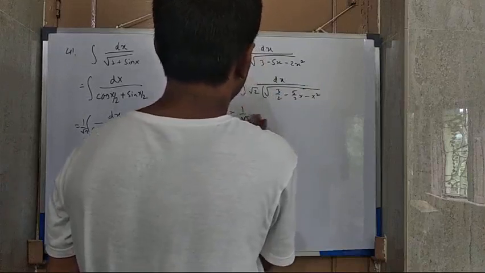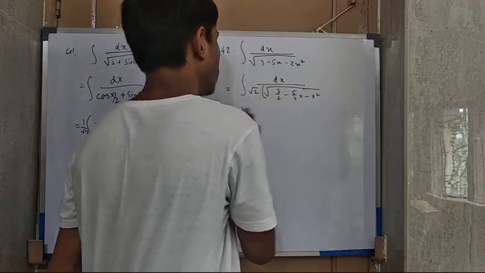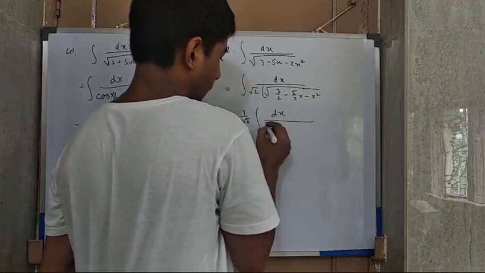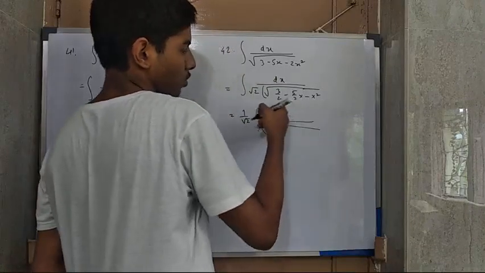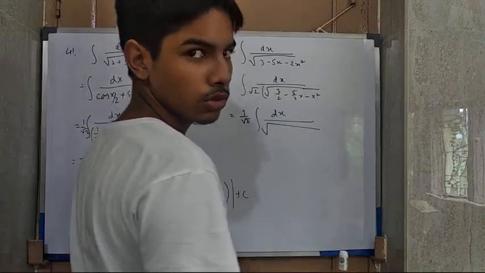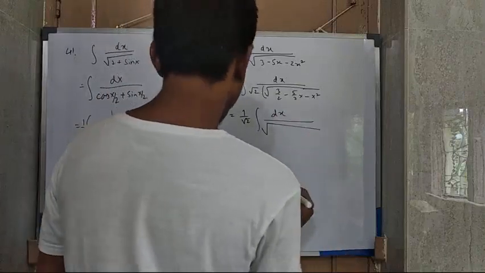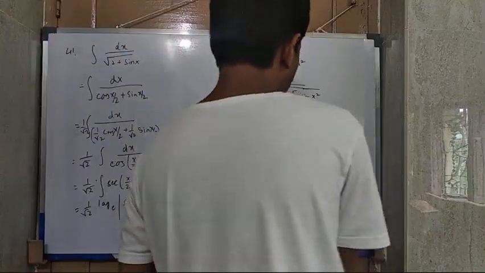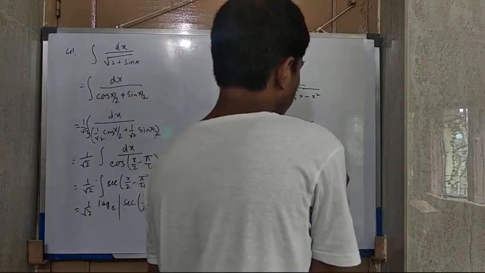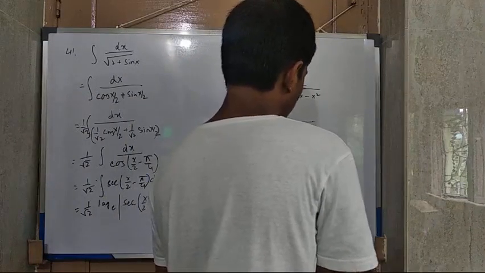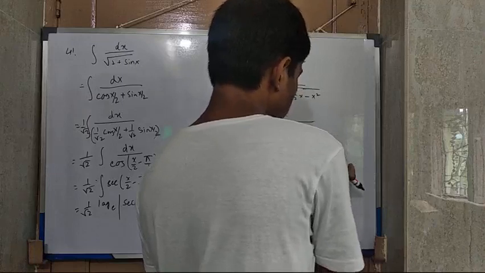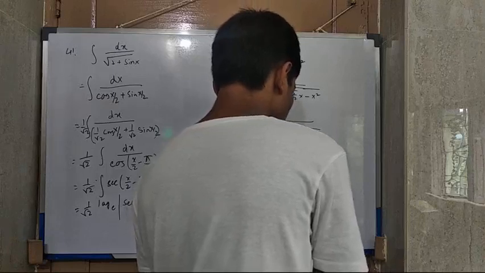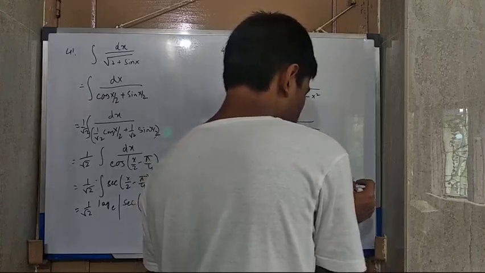So 1 by root 2 integral dx divided by, so we have to write this as a whole square minus another whole square. So let's do that. This is actually 3 by 2 minus 5 by 2 x minus x squared. So let's take 3 by 2 minus 2 times 5 by 4 x minus x squared.